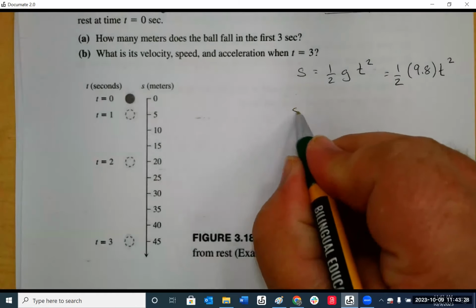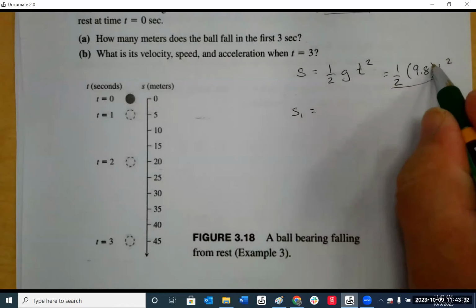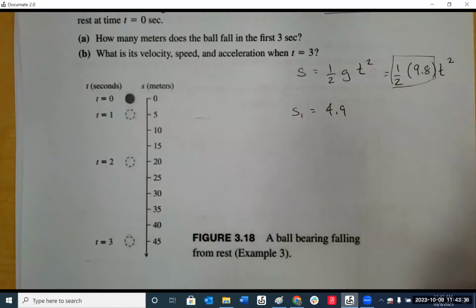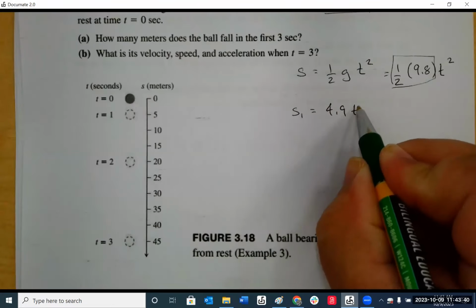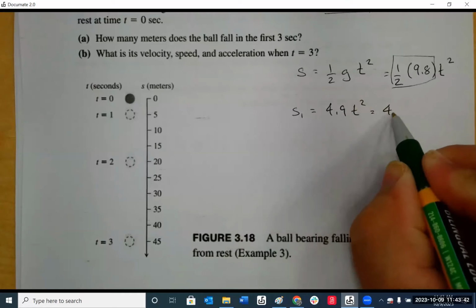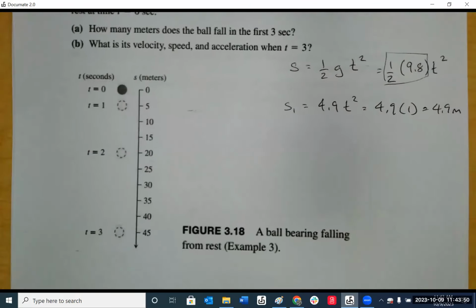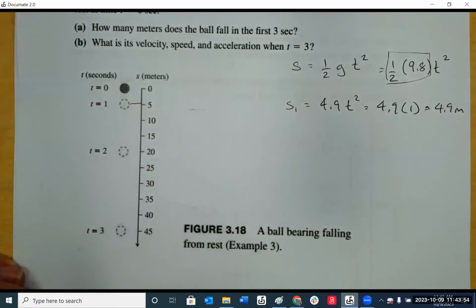So at 1, this is going to be constant. It's going to be 4.9 t squared. So 4.9 times 1 is 4.9 meters. So it's not 5, it's 4.9. It's right before there.